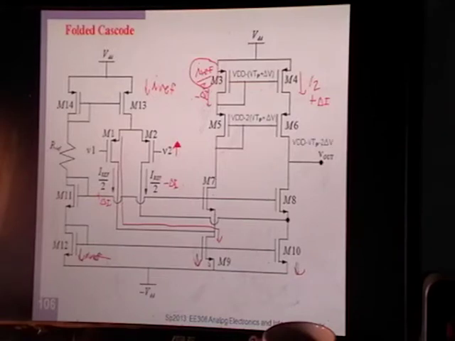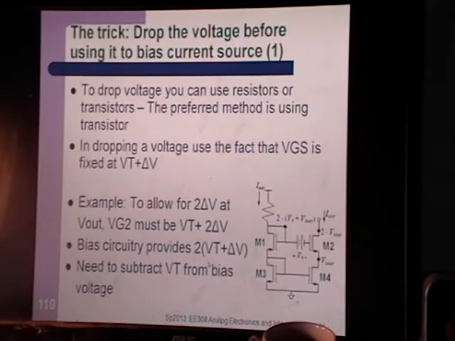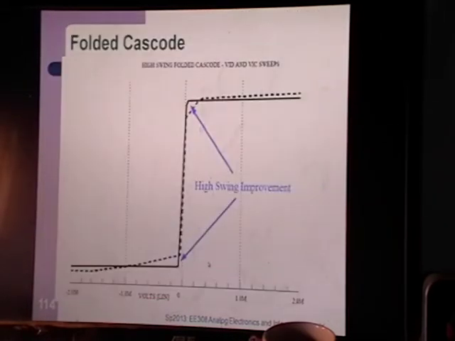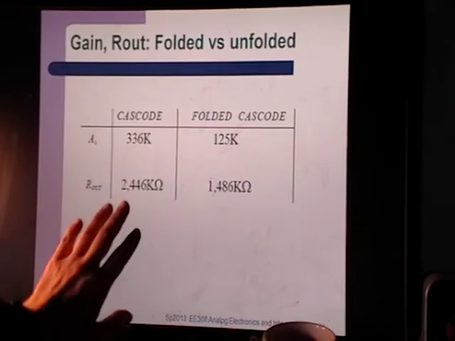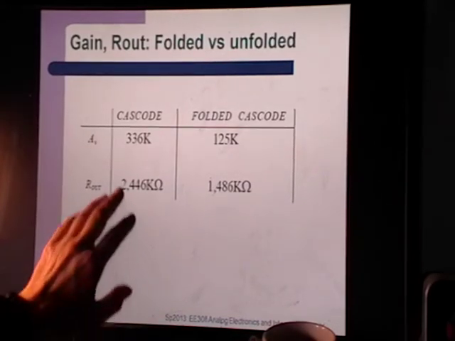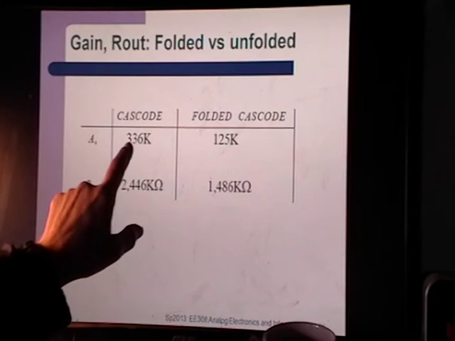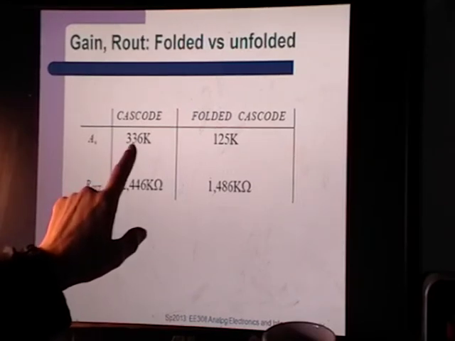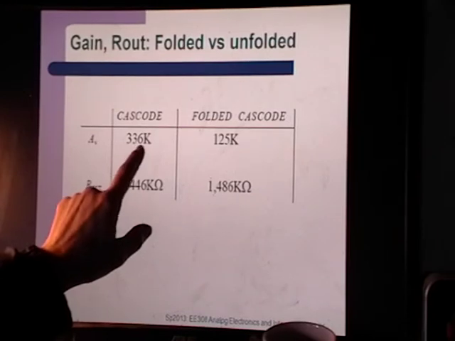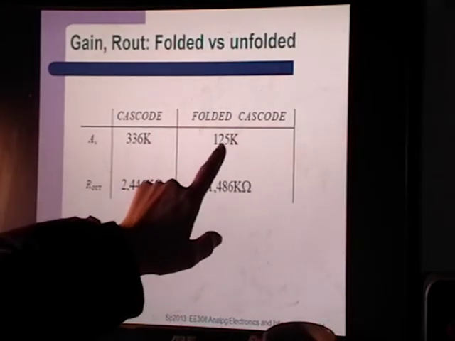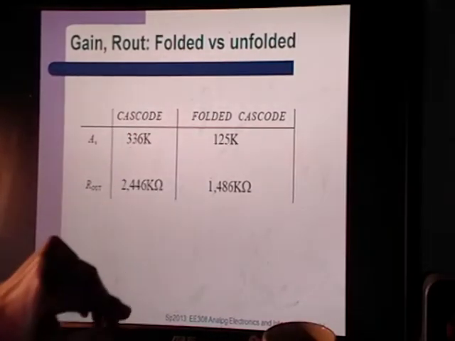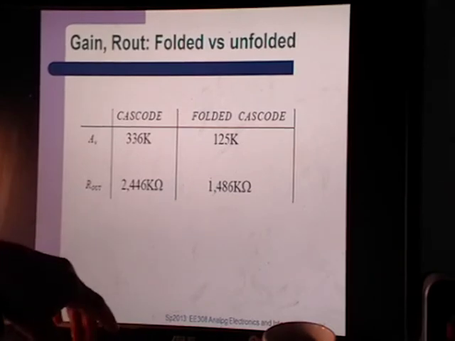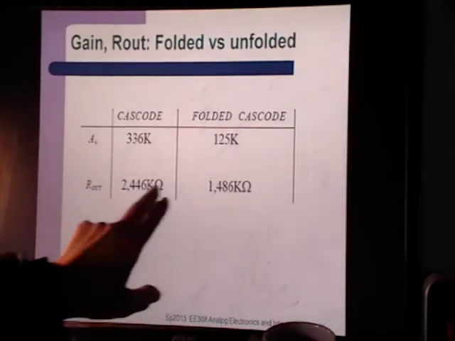And this is from a simulation for the cascoded, in other words, the telescopic. I should write this as telescopic. I got a gain of 336,000, and for the folded, I got about a third of that, no more than a third. And that was because the RO dropped.